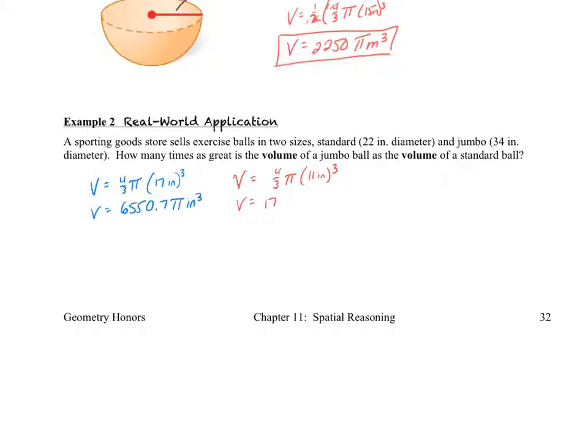And when you calculate that, you get 1774.7 pi inches cubed.